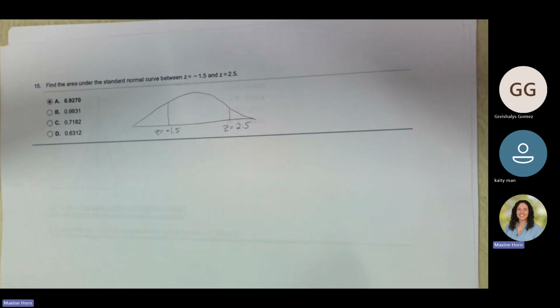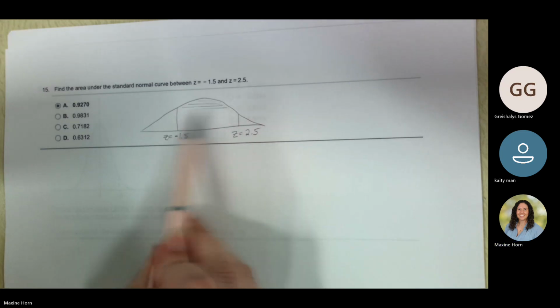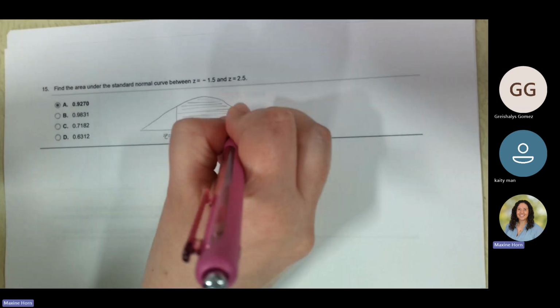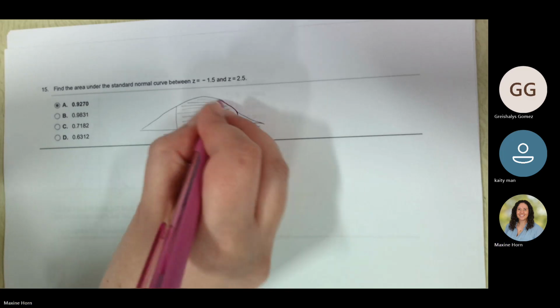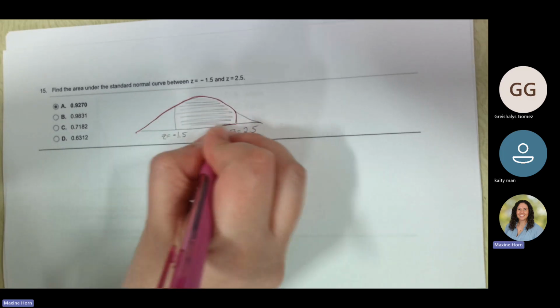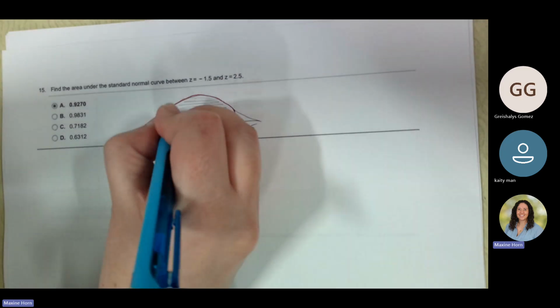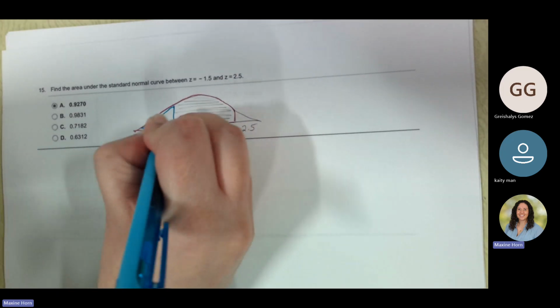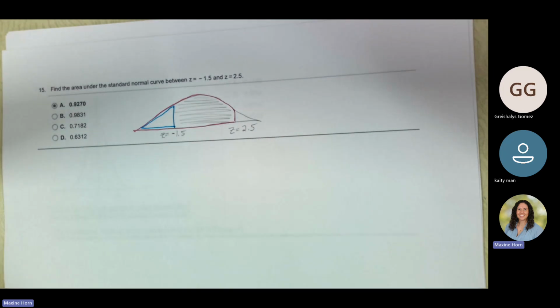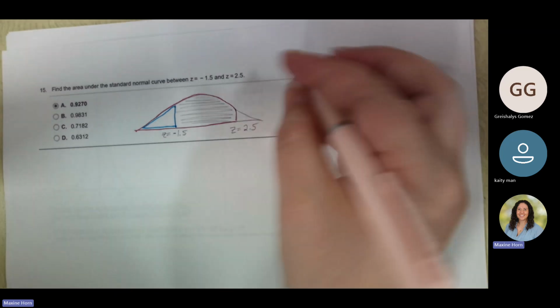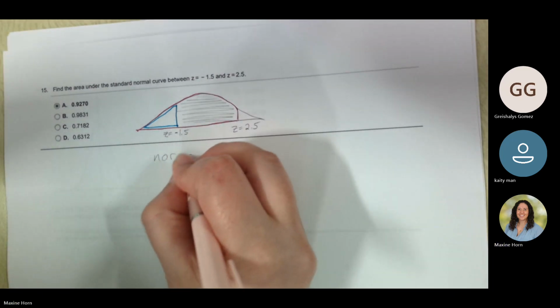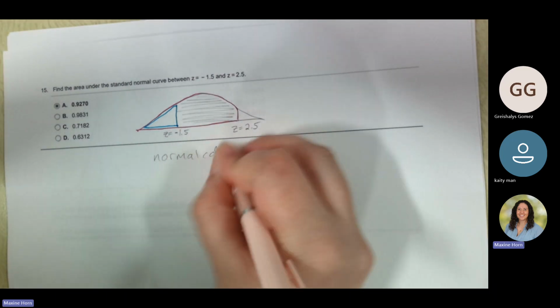And I want the area in between that. So again, I could find the area to the left of that, and then from it, I can subtract the area to the left of that, and I'll be left with my shaded region. Or I can just normal CDF it.